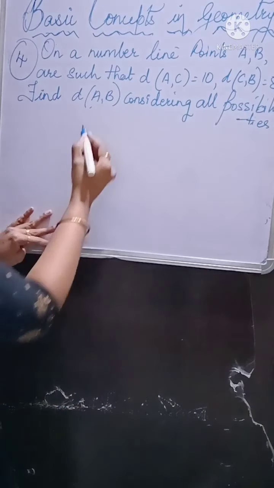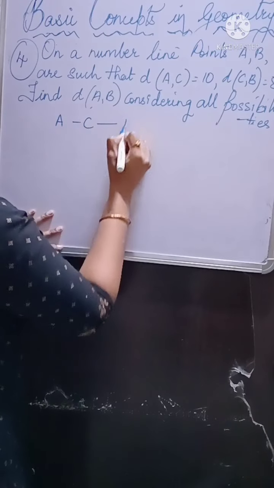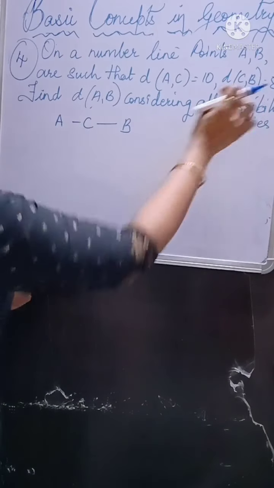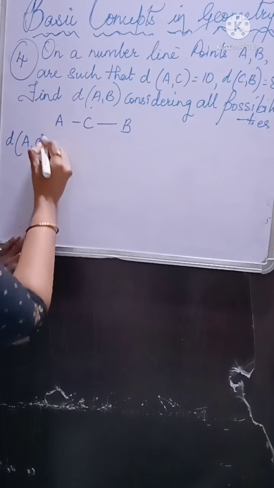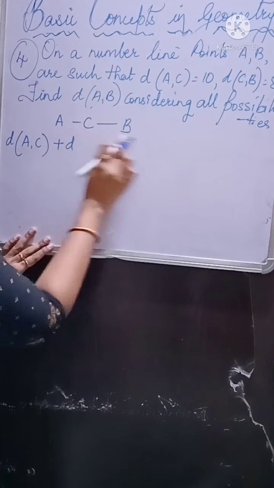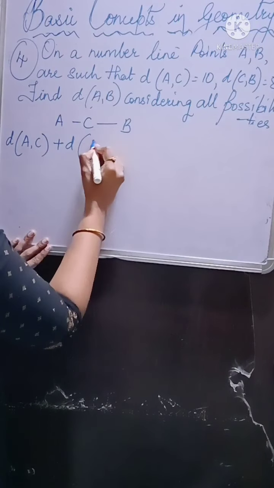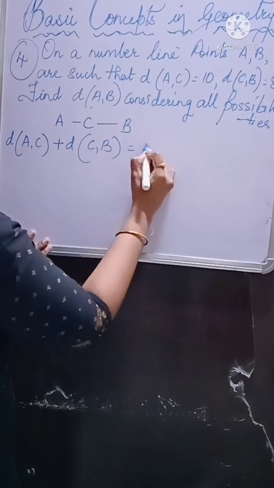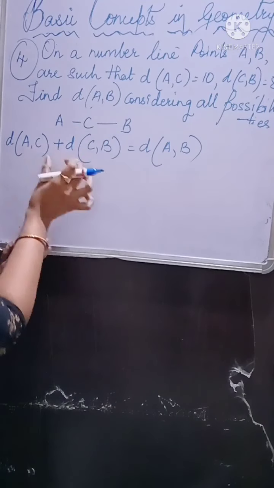Once again a recap. We said let C be between A and B. So we wrote distance between A comma C plus distance between C comma B is equal to distance between A comma B. Now substitute the value.